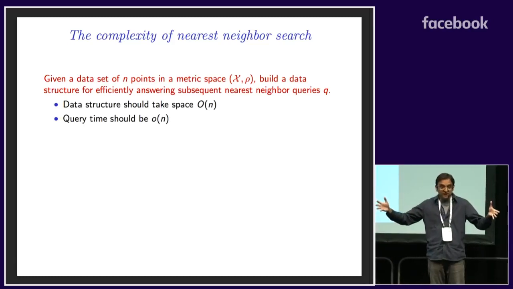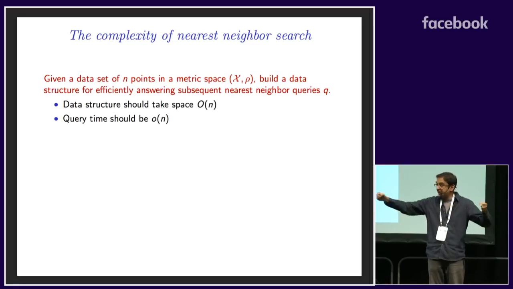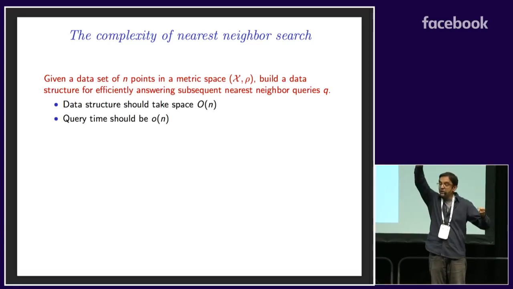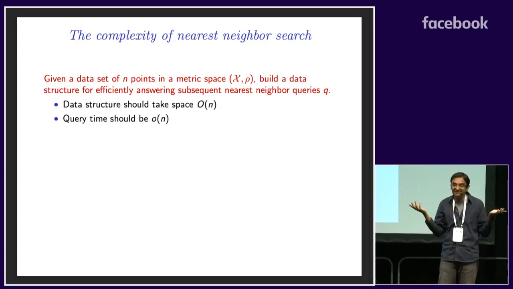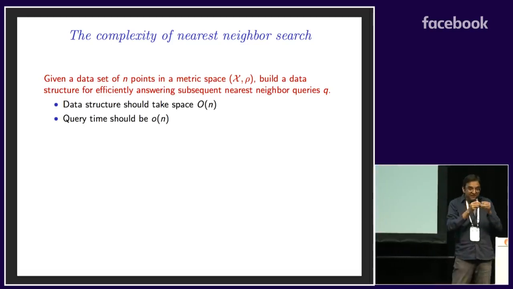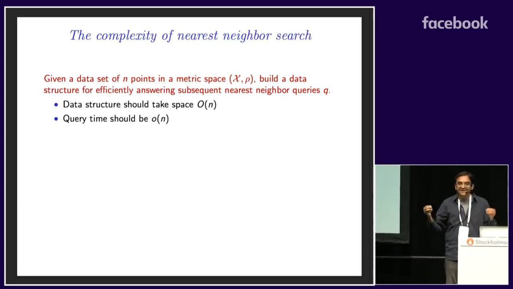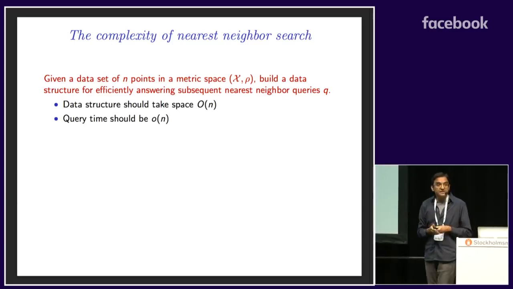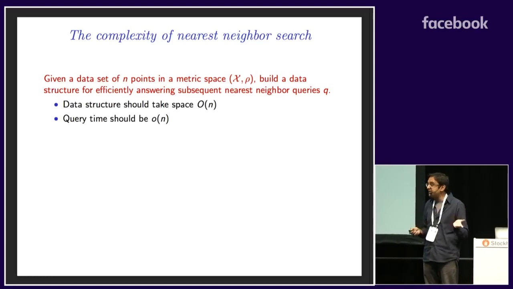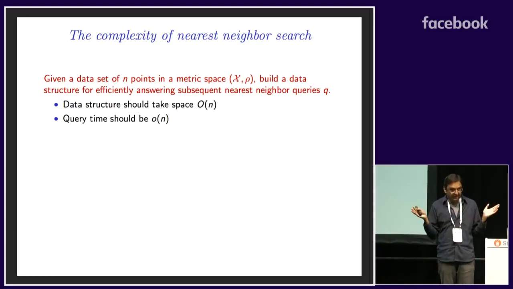Well, if you have n points on the line, just sort them. So your data structure is just the sorted list of points. And now when you get a query point, you do binary search and you find the nearest neighbor. So if the points lie on the line, you can get a data structure size of O of n and a query time of log n trivially.